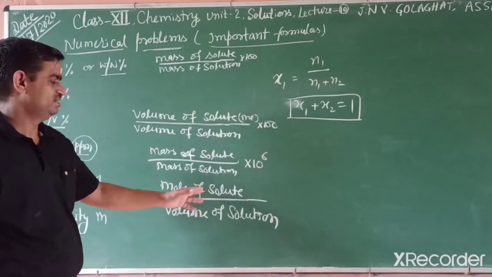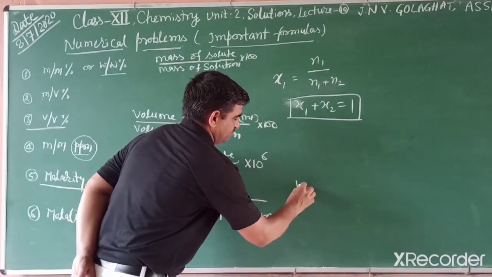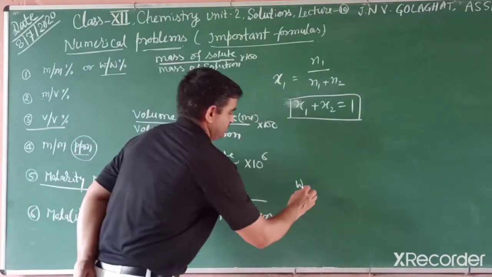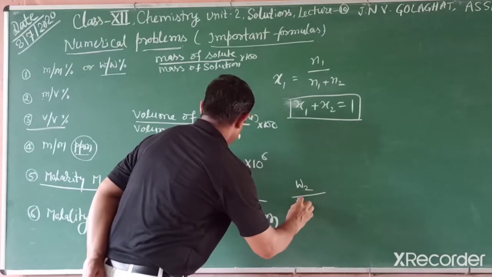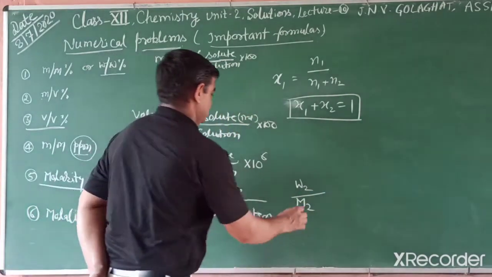Mole, how can we identify? Mole means given mass, W2 or WB, divided by M2. And volume of solution is in liter.